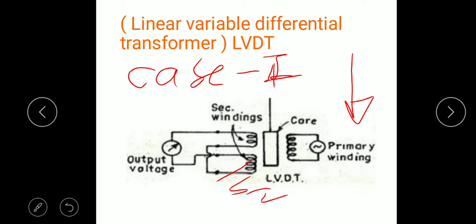When the core portion makes maximum contact with the S2 coil, the EMF generated in S2 will be greater than in the S1 coil. This way the EMF or current is generated in the secondary winding, and the output of that secondary winding is measured by this circuit. So this is the real function, or working, of the LVDT, the linear variable differential transformer.